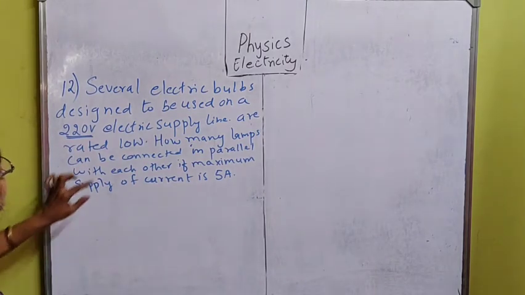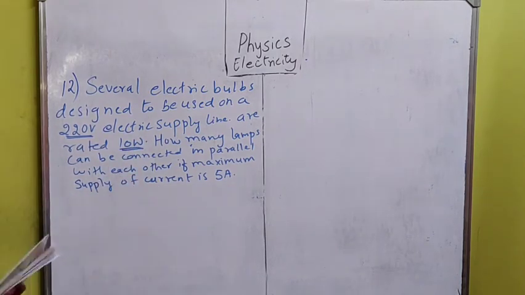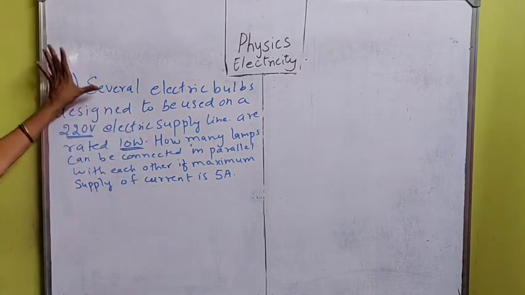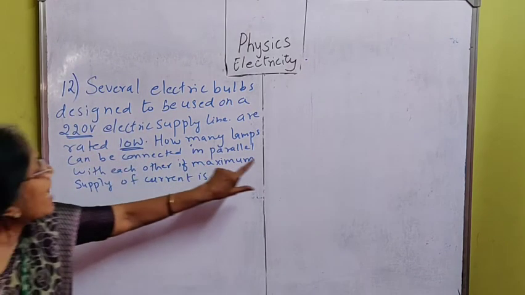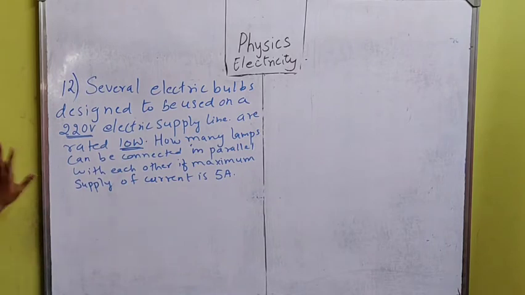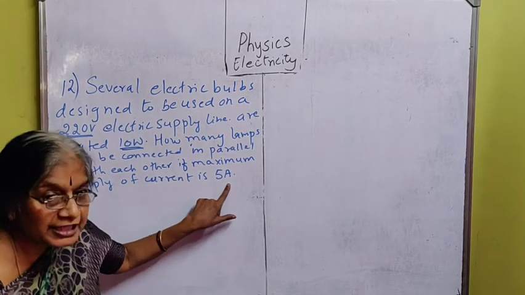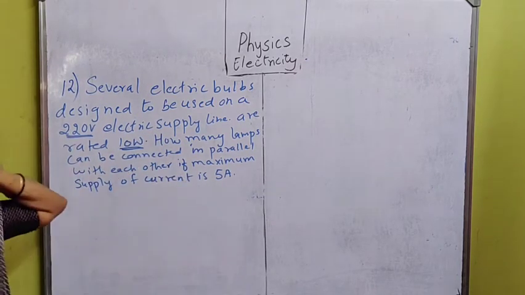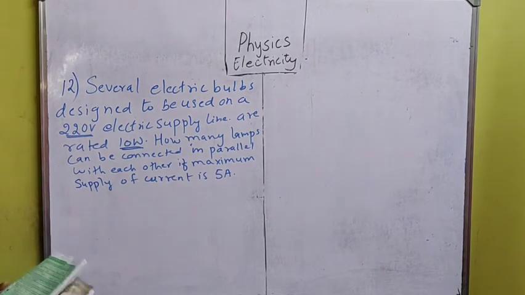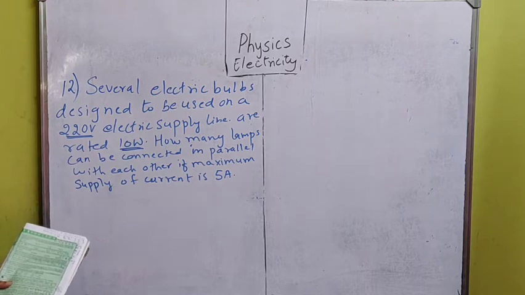What is asked over here? How many bulbs you should join in parallel to get the potential difference as 220 volt and the current passing through it is 5 ampere, and the power of each bulb is given. How much is the power of each bulb? 10 watt is the power of each bulb.